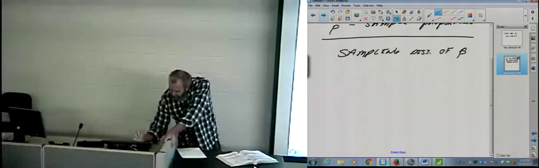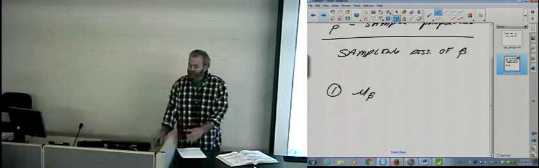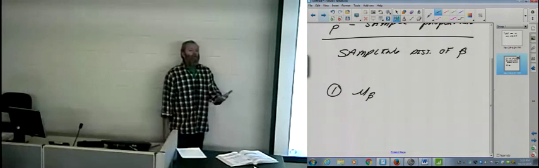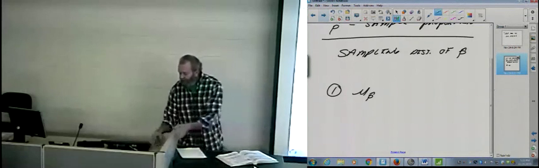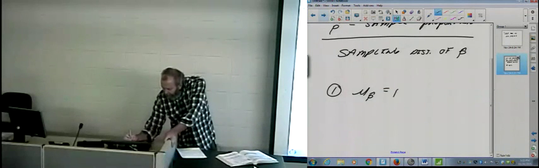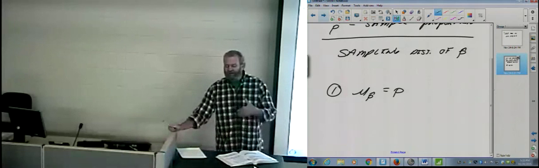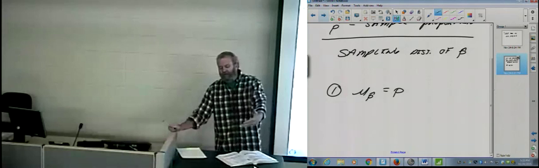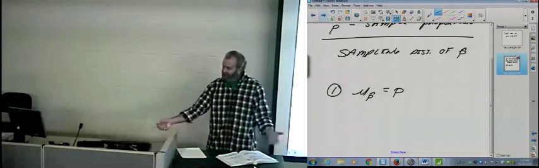And the first thing is the mean. Look, we always use mu for the mean. I subscripted with a p hat, so you know we're looking at the sampling distribution of that statistic. Turns out to be p. Just like mu sub x bar, the mean of the sampling distribution of x bar was mu, your unknown parameter in your population, right? That's where it's centered.